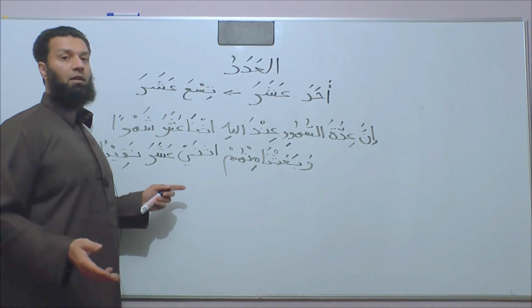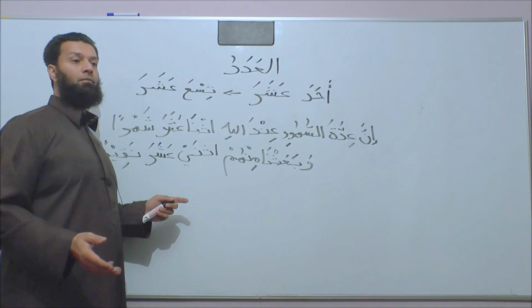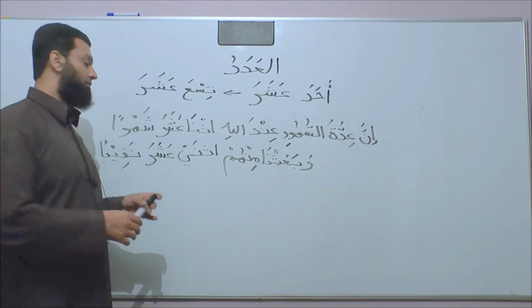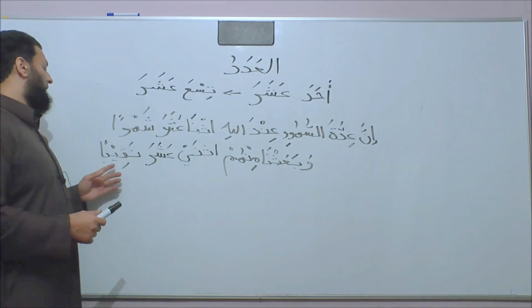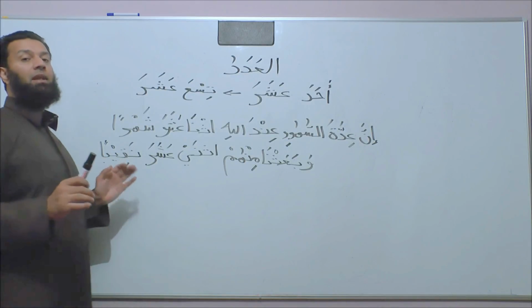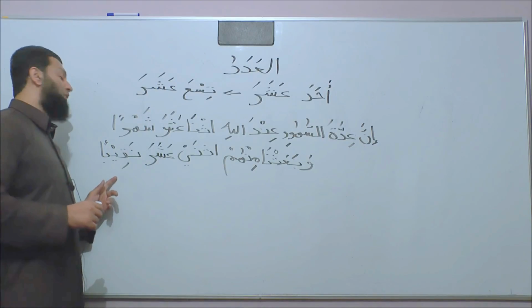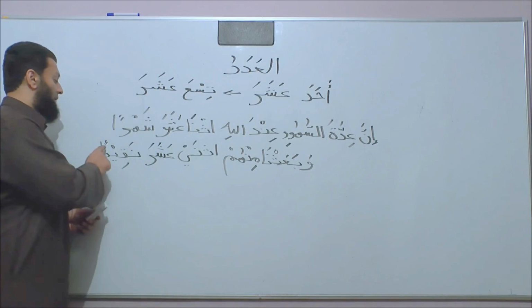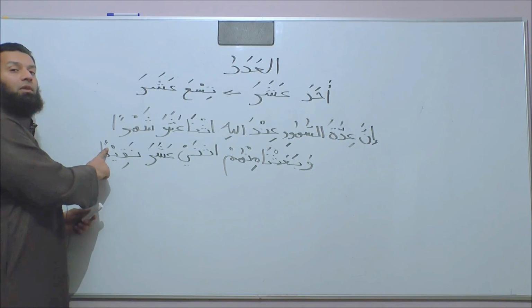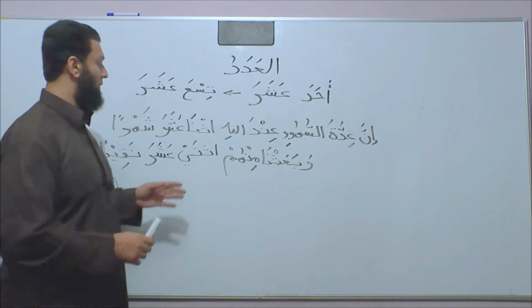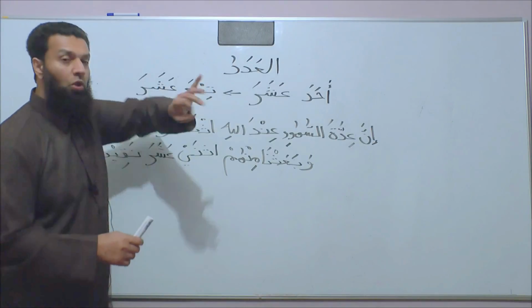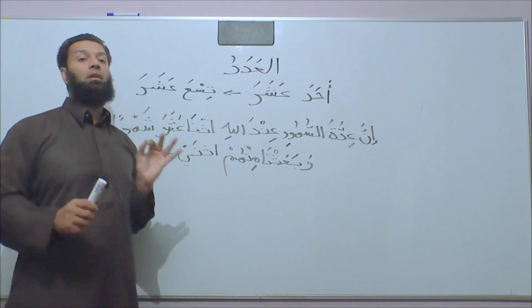It has no position. So it's neither marfu' nor mansub nor majrur. Will this be the same for like if you want to say 21 or 31 or 32, sorry? Yes. The same. نقيبا is the تمييز which is منصوب وعلامة نصبه تنوين الفتح. But the point to note is that we've got two forms of male 12.